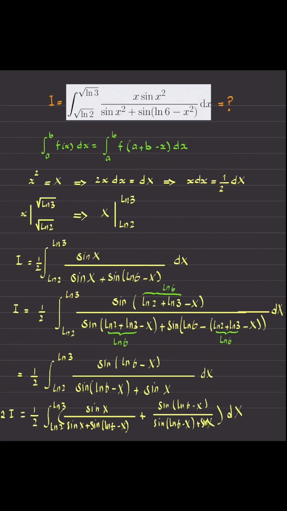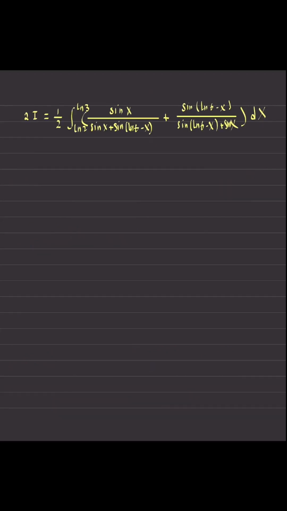Okay, now I do not have enough space here. I will take the last row to the next page. Okay, so this is what we have. But now what is good here, you see that the denominator of this first fraction and the denominator of the second fraction are exactly the same.